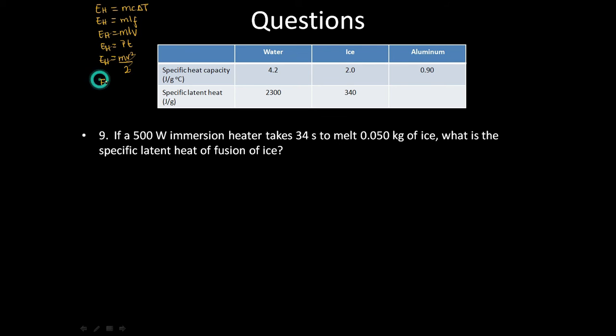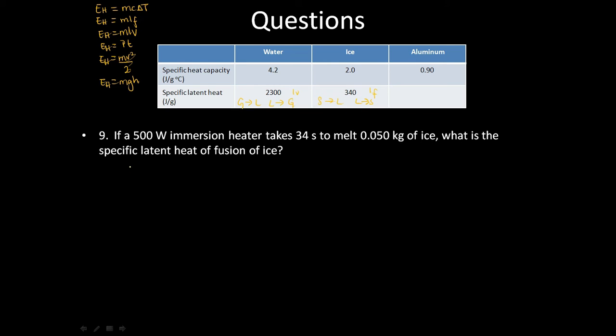Then EH equals to MGH. Awesome sauce. And remember, we went from gas to liquid, and from liquid to a gas in this case. This is LV, and this is LF here. We're going from solid to a liquid, and from liquid to solid.